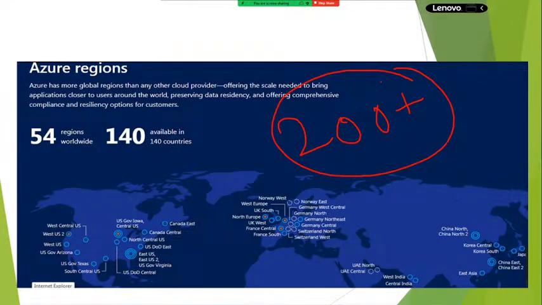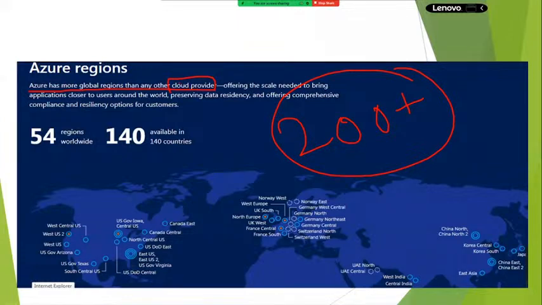This is the biggest organization, and the first, which has installed this many data centers. See, directly they have mentioned that Azure has more global regions than any other cloud provider. Here, other cloud provider I can say is AWS.